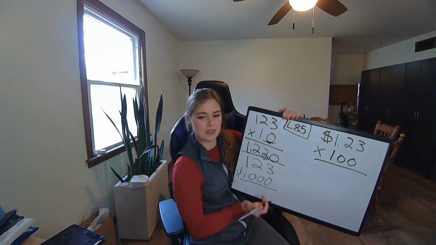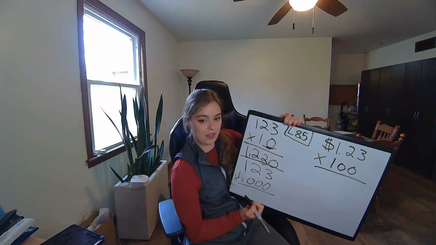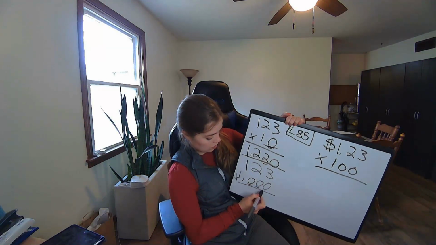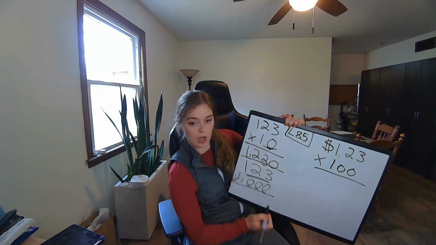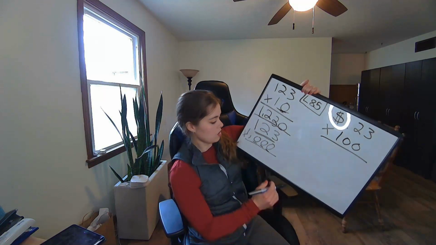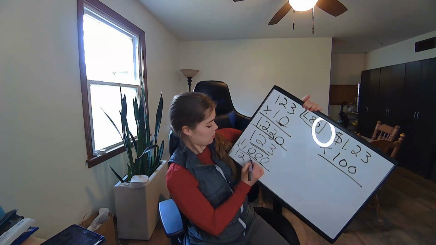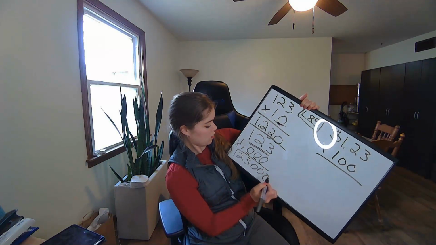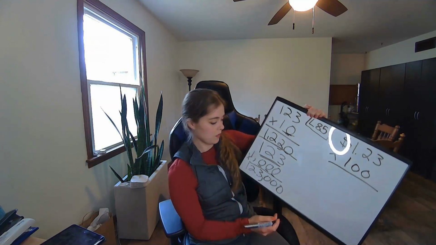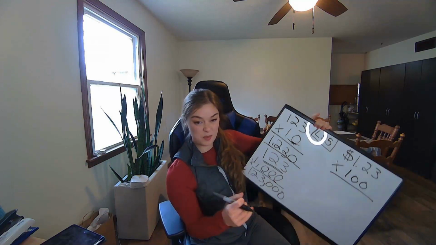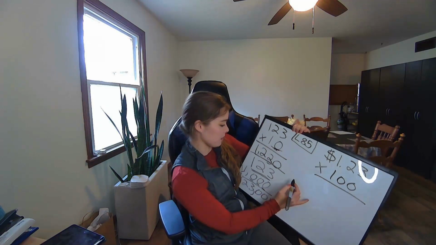So how many zeros are in 1,000? Well, we have 1, 2, 3. We're going to add 3 zeros onto 123. So we would get 123,000. See that?